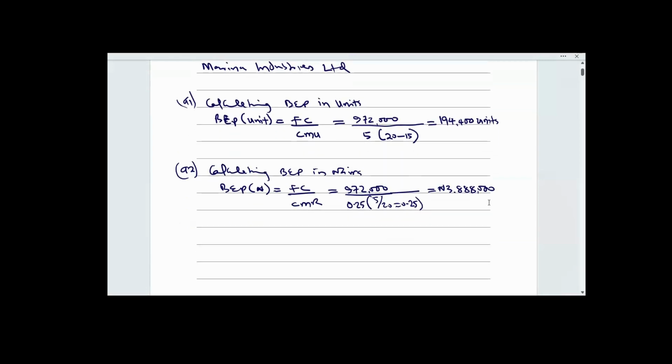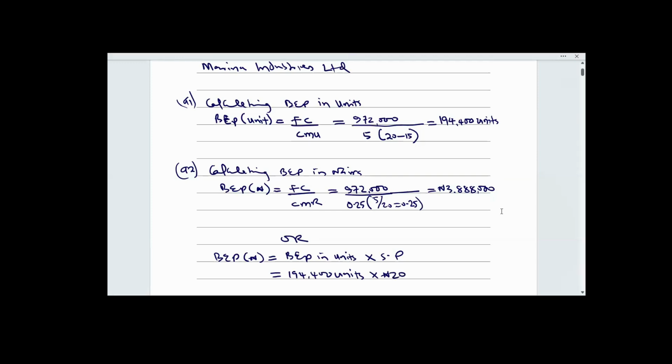If I don't want to do it this way, alternatively, I can say break-even points in naira is equal to break-even points in units multiplied by selling price, which is equal to 194,400 units multiplied by 20 naira.